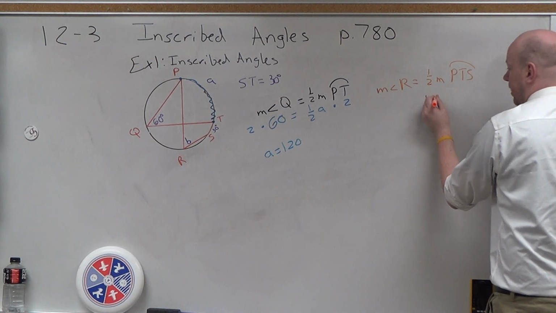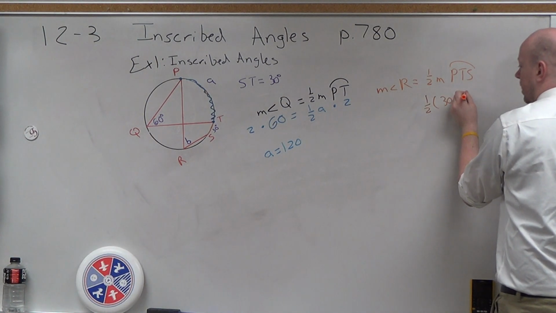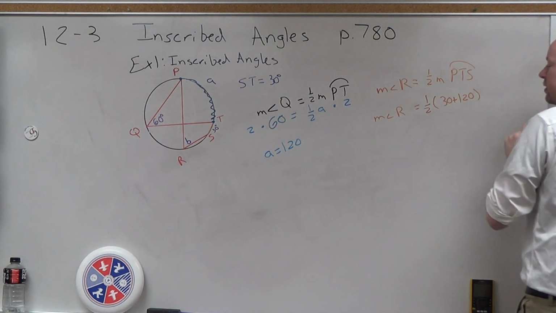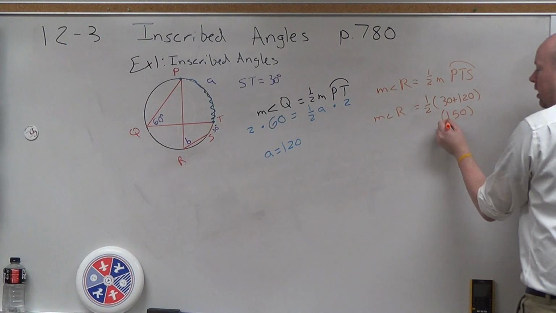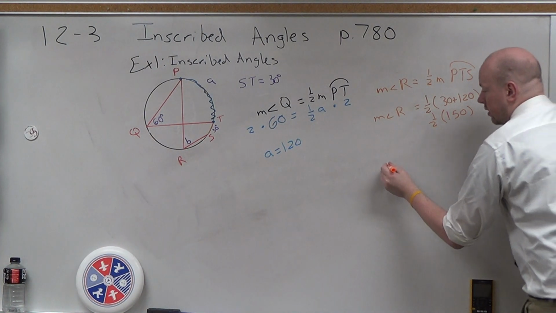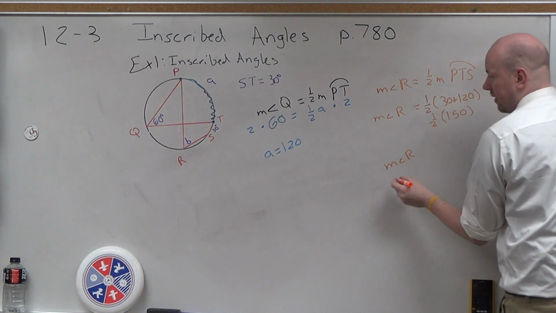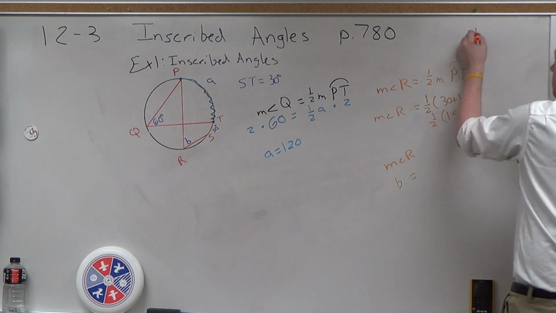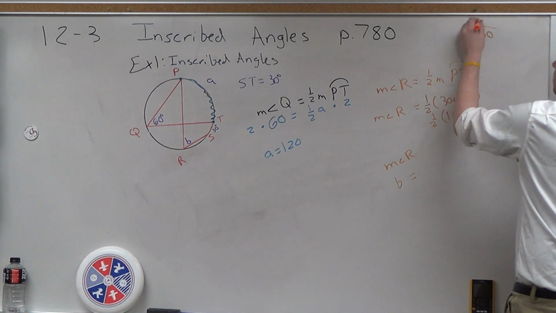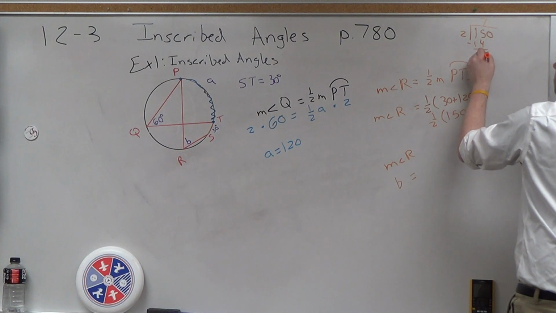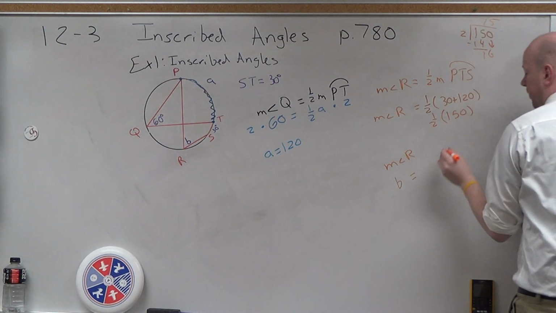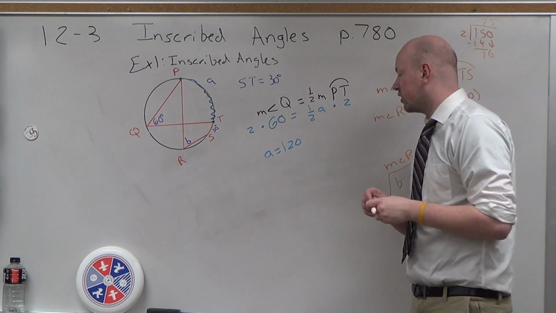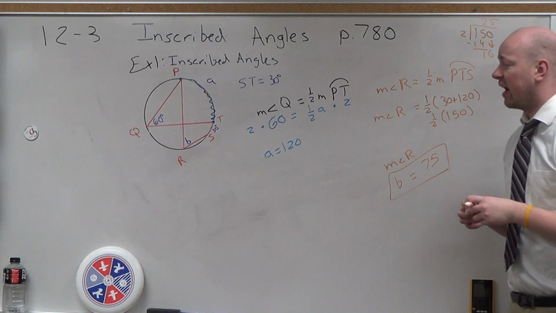So I get 1/2 of 30 plus 120 equals measurement of angle R. Well, 30 plus 120, that's 150. And then I just need to find 1/2 of 150. So measurement of angle R, or in this case, B, equals 1/2 of 150, which would be 75. So my answers would be A is 120, and B in this case is 75.